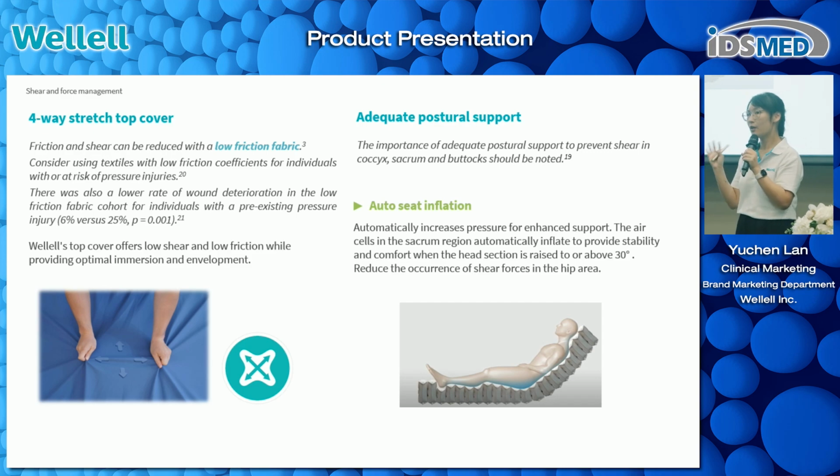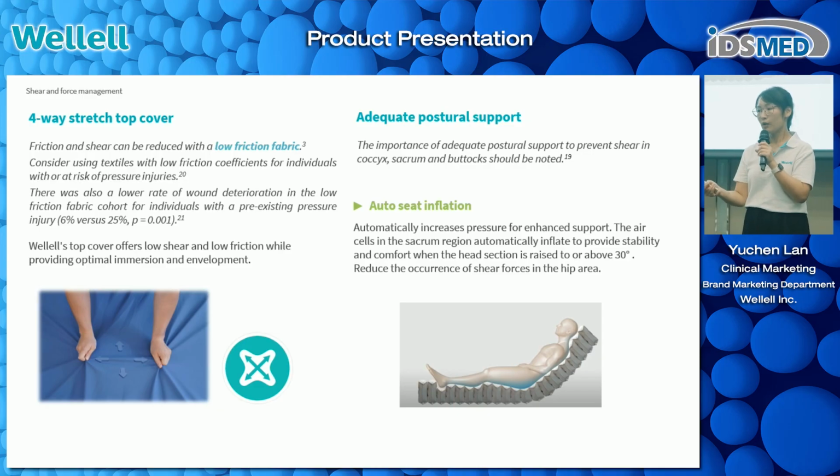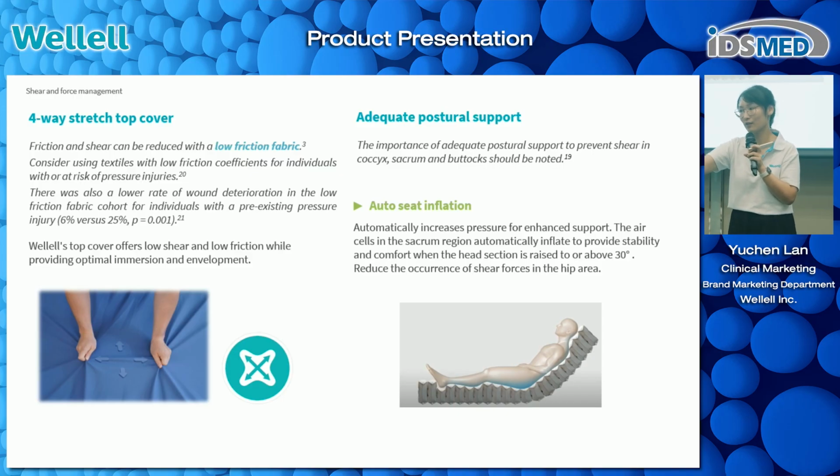And the last part, generally for the shear force, is also pretty crucial for our top cover. For the entry level, sometimes you will feel the top cover is not stretchable. But generally for higher levels, which are for more high risk patients, the top covers are stretchable. So later you could also try to stretch it in bilateral directions to feel the tension of it.